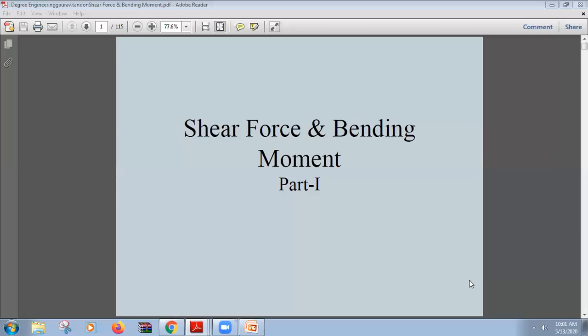So first of all, we must know what a shear force is. As I earlier told, shear is a process of tearing. We discussed in the first or second lecture that shear is the process of tearing. If any two opposite forces acting on the surface of an object tend to tear apart the body, the stress is known as shear stress.